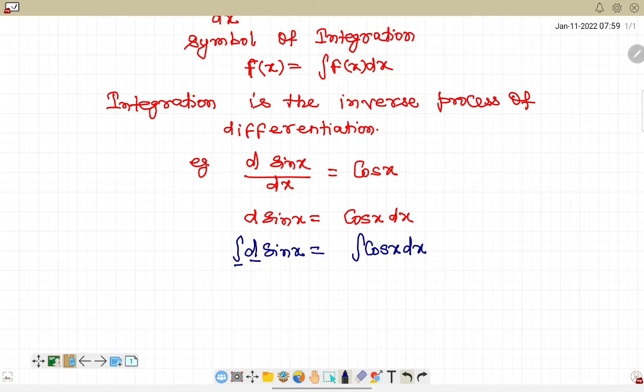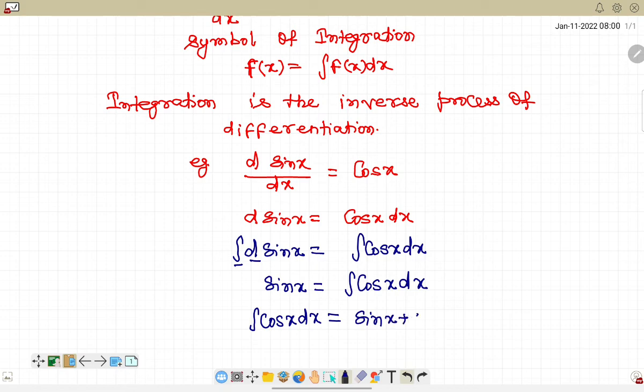So the left hand side will be equal to only sin x, and the right hand side will be equal to the integration of cos x dx. So finally we can write the integration of cos x dx is equal to sin x plus c.